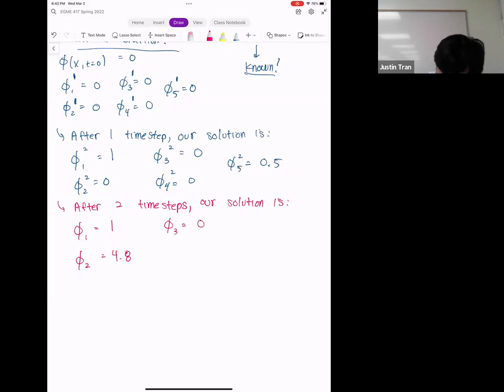Phi3 here is still equal to 0. Phi4 here is equal to 2.4. And phi5 here is equal to 0.5. Since this was solved after 2 time steps, all of the time indices here are going to be 3.